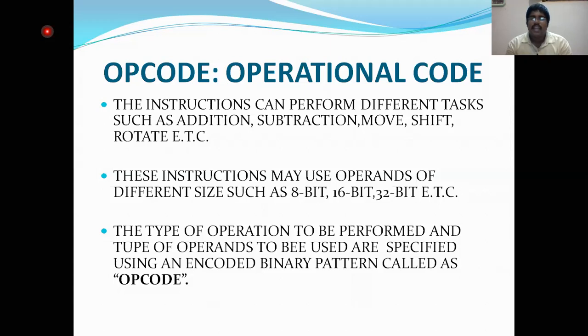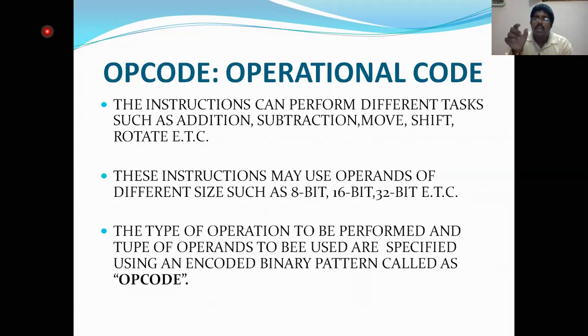So we are writing a code language in order to perform the desired operation. Whatever operation we want to make the processor do, we make the processor do it by giving an instruction that is understandable to that particular processor. It is called operational code.